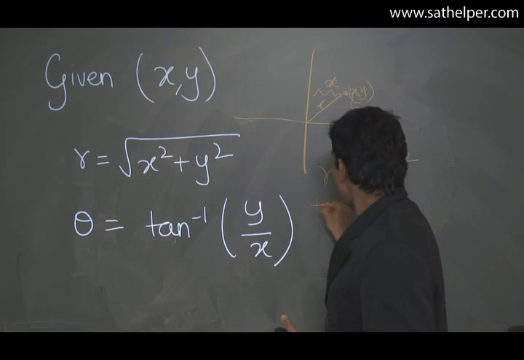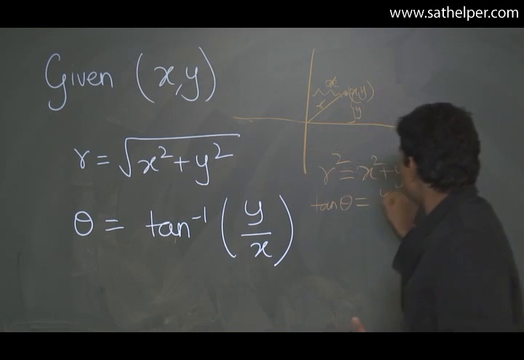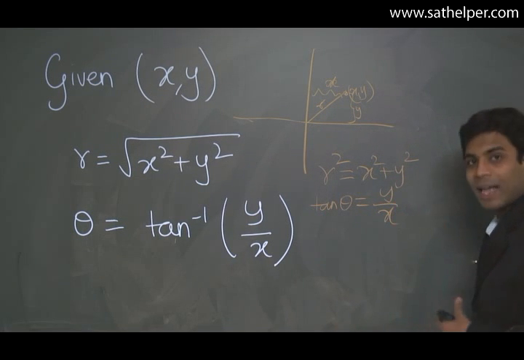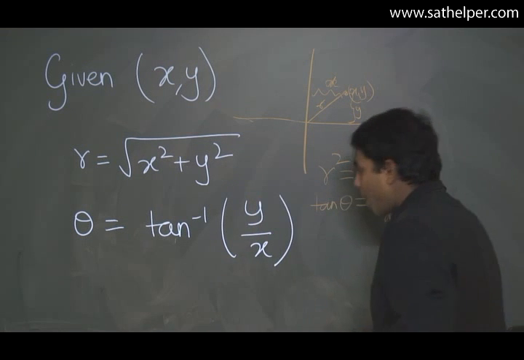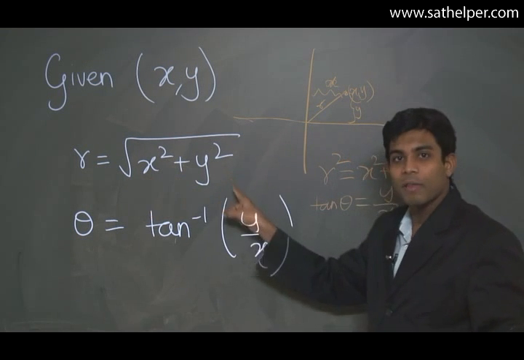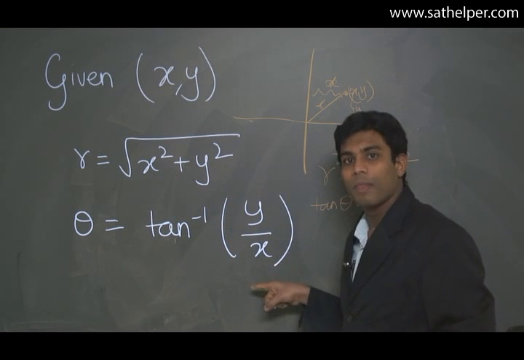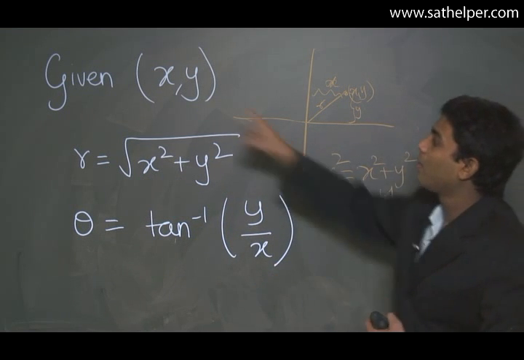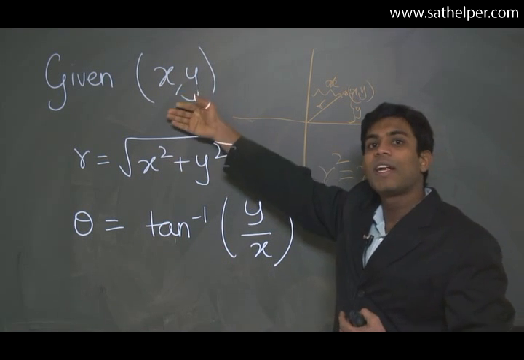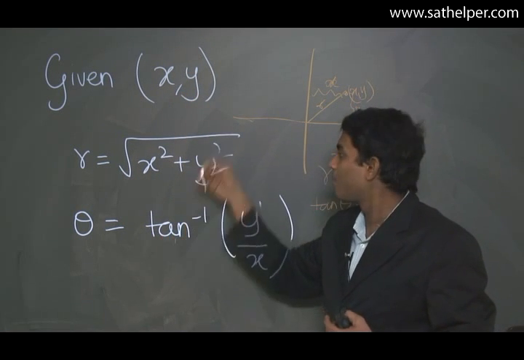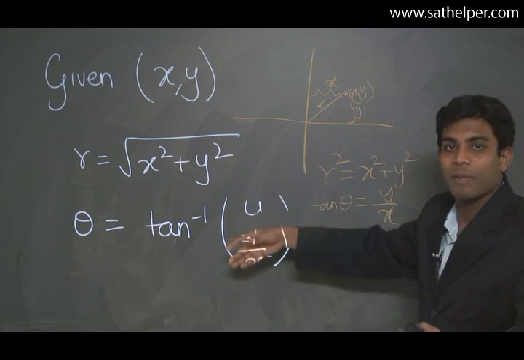And what is tan theta? Tan theta is y over x. And therefore, the value of r is the square root of x squared plus y squared, and the value of theta is tan inverse of y by x. Okay? So given a point in rectangular coordinates, we can get the polar coordinates back using this expression.